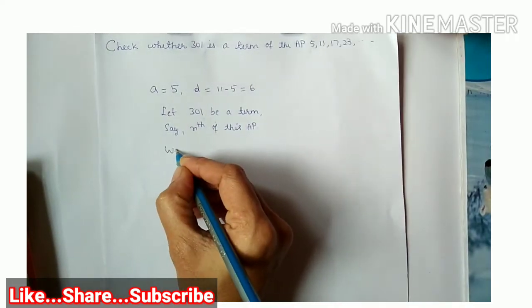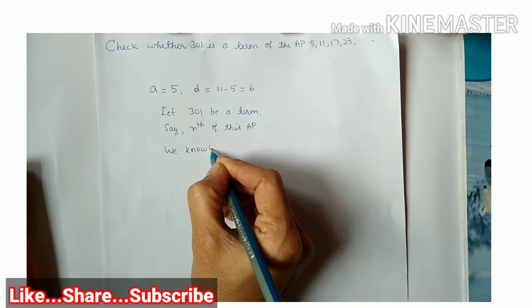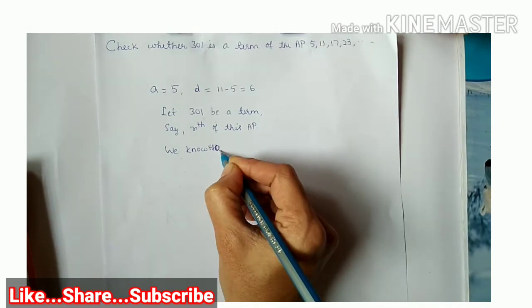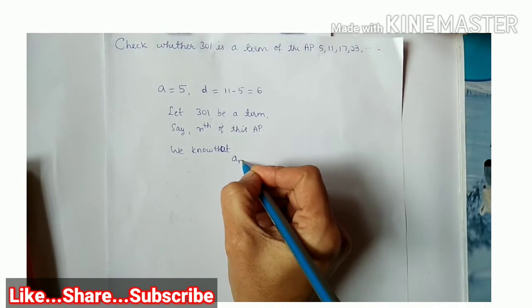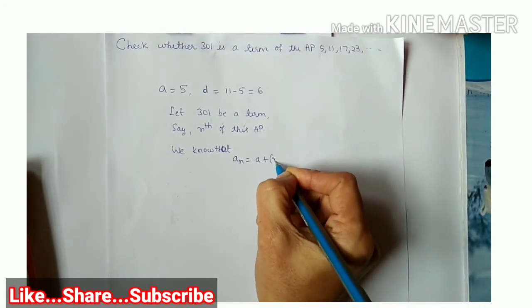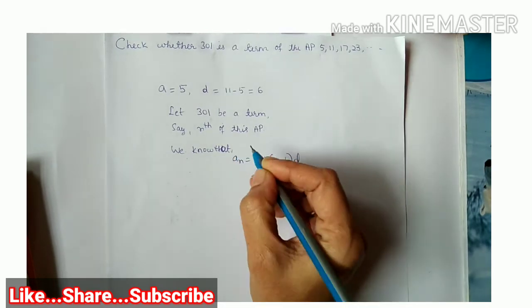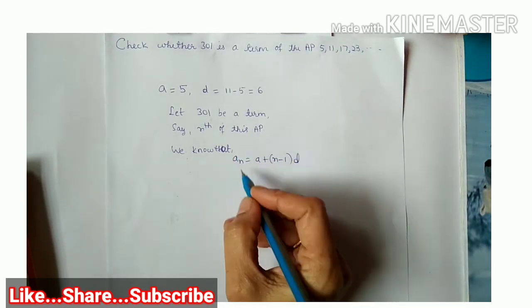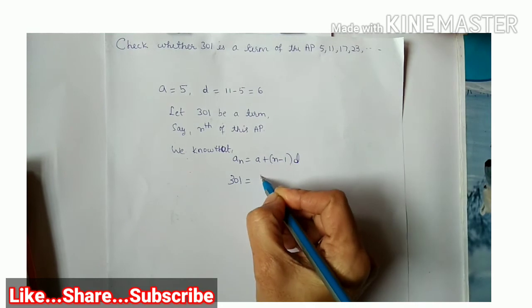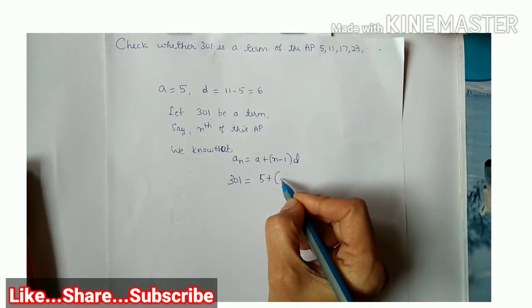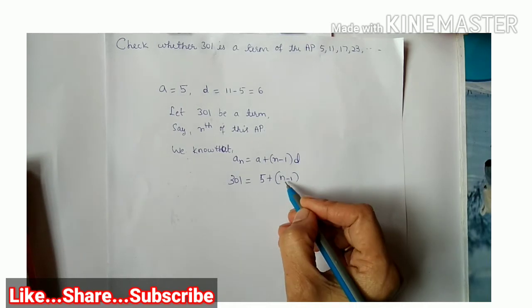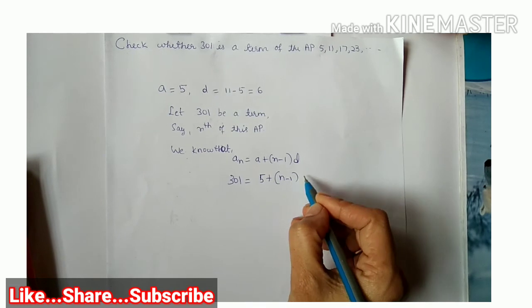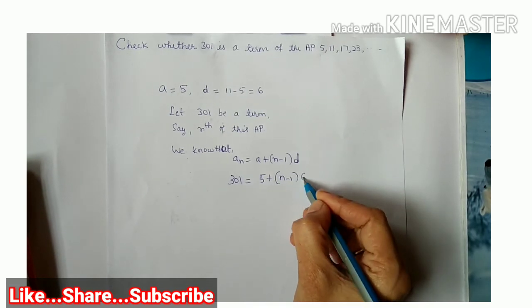We know that the nth term, or general term, is given by an = a + (n - 1)d. Here an we have taken as 301, the first term is 5, and n is what we have to find, to see whether 301 is a term of the AP. d, the common difference, is 6.